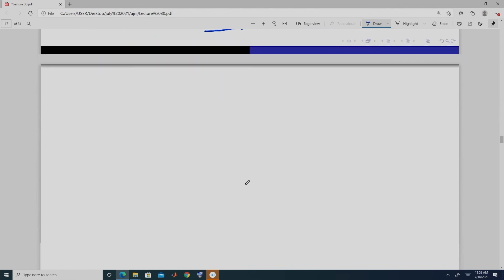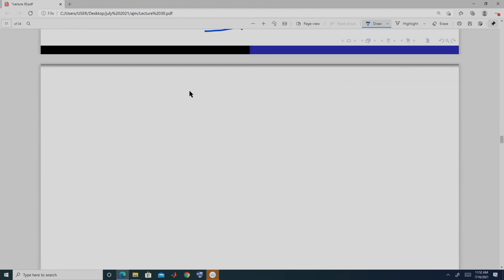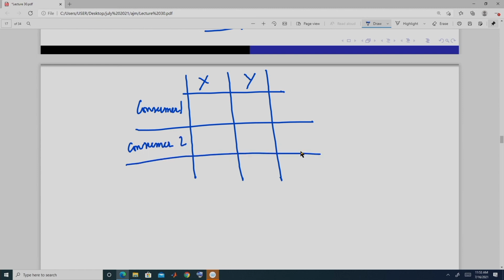Now, we have to see what the strategy of the monopolist is, and before that let us look at the valuations. Suppose this is X and this is Y, with consumer 1, consumer 2 and consumer 3.